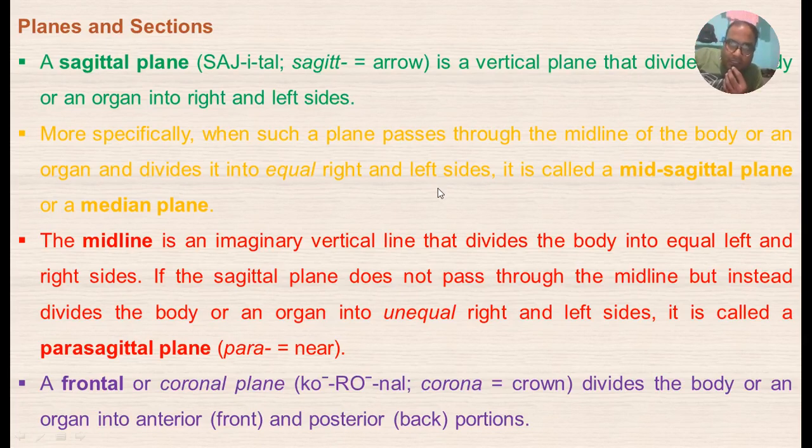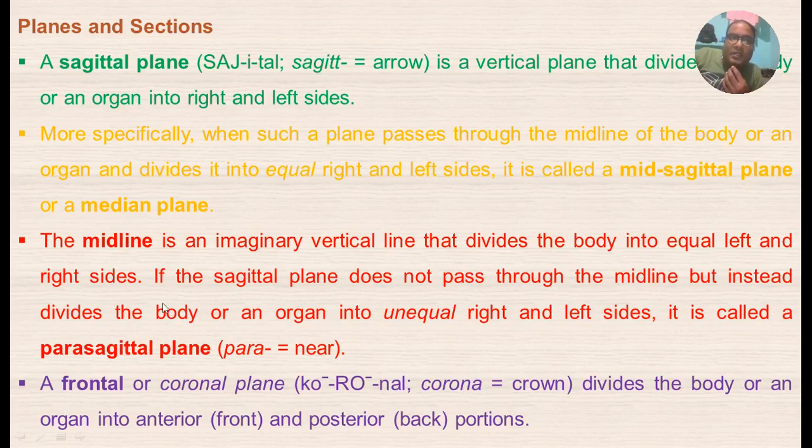It is called the mid-sagittal plane. When it divides into two equal halves, it is called the mid-sagittal plane or medial plane. The midline is an imaginary vertical line that divides the body into equal left and right sides.